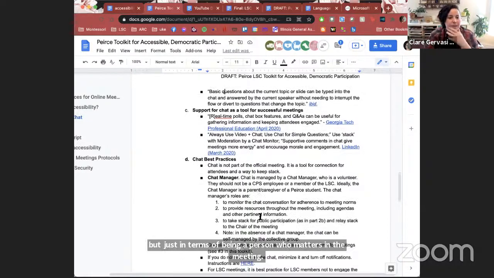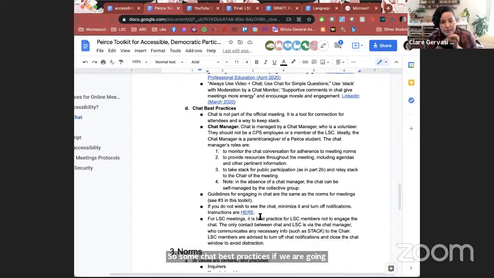So some chat best practices, if we are going to continue with chat, is to keep in mind that chat is not part of the official meeting. It is a tool for connection and a way to keep stack. So a best practice is generally to have a chat manager.